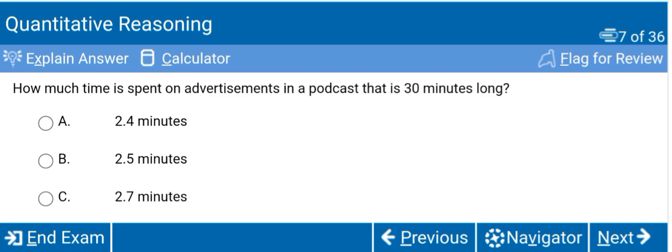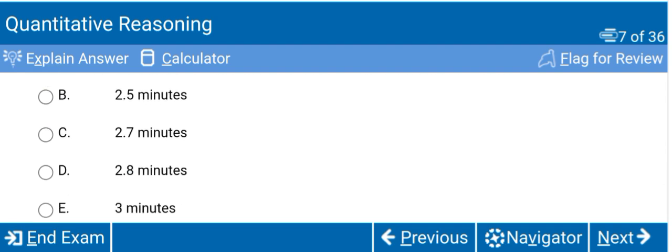Option A, 2.4 minutes, option B, 2.5 minutes, option C, 2.7 minutes, option D, 2.8 minutes, and option E, 3 minutes.